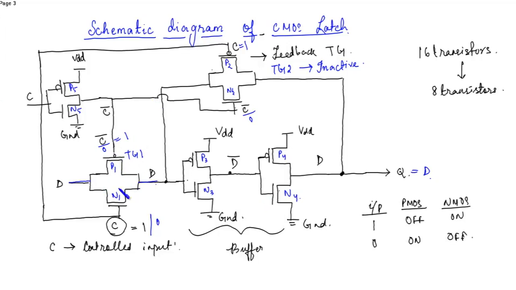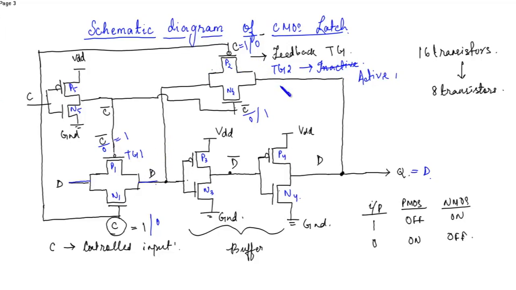So this PMOS will turn off since the input is 1, and this NMOS will also turn off since the input is 0. Here the input is 0, the input is 1. So this transmission gate will be activated, and this will get inactivated.